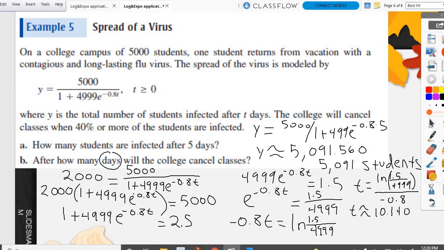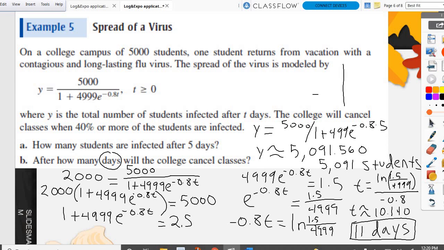It says the college will cancel classes when 40% or more are infected, and it's wanting to know how many days. So it would be 11 days. I bet George Washington never had 11 years. Yeah, you're right. And so that would be our final answer.